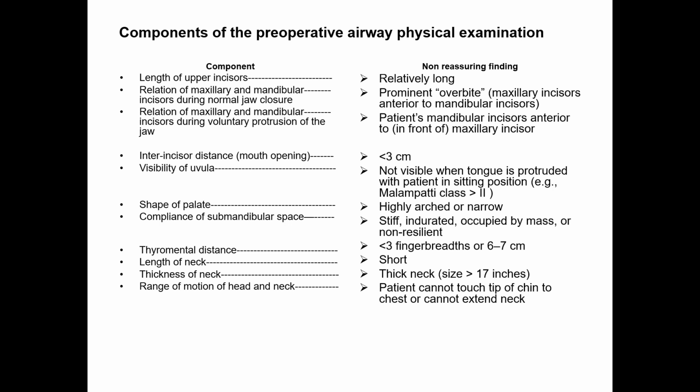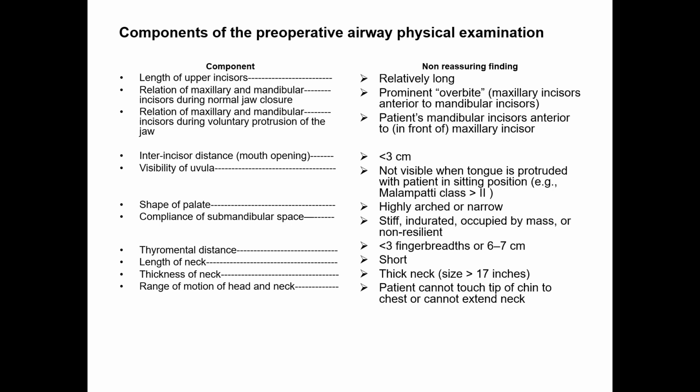How do we anticipate difficult intubation by patient examination? Just by looking at the patient or asking him to do simple movements, we can anticipate difficult intubation. First, we can see the patient's teeth. If he has long teeth, long incisors, we call it rabbit teeth, we anticipate difficult intubation.